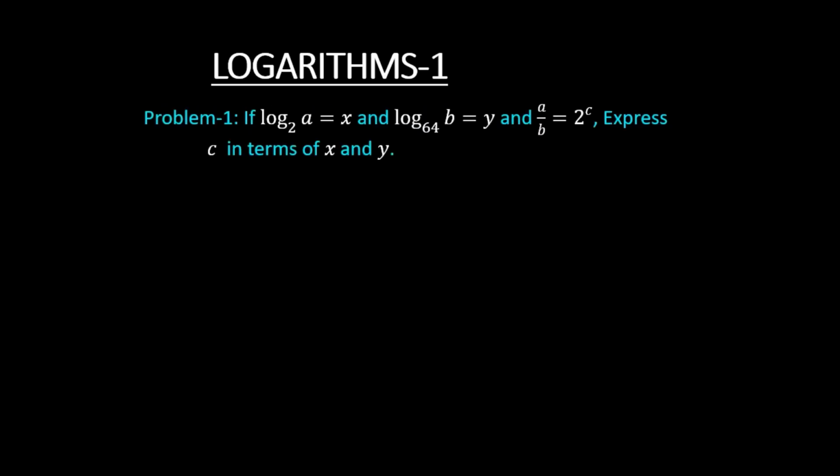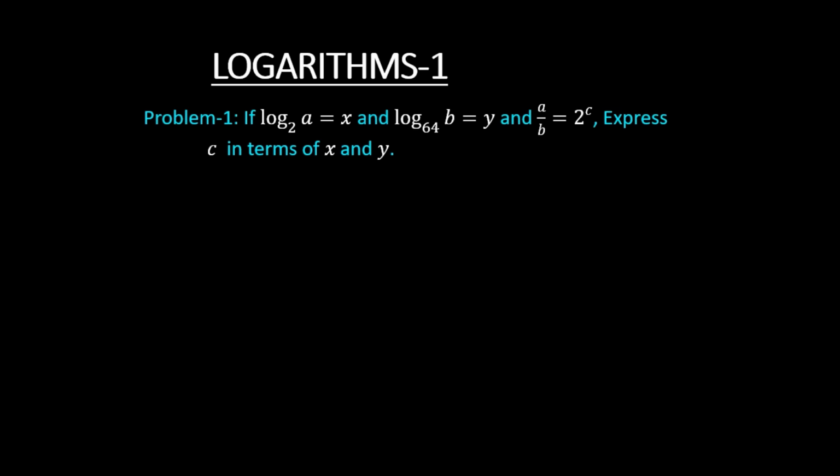Now let's solve a problem based on this. Here it's given log a base 2 equals x and log b base 64 equals y. Also it's given a by b is equal to 2 raised to the power c. Express c in terms of x and y.